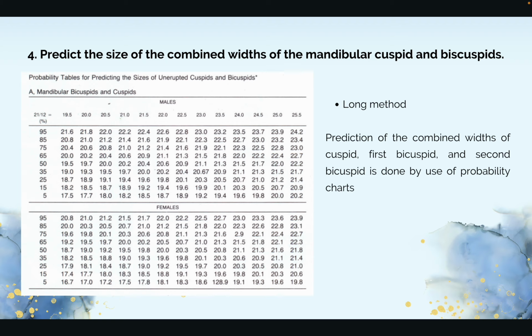The next step is to predict the size of the combined width of the mandibular cuspid and bicuspids. It is divided into two methods. The first one is the long method and the next one is the short method. Here for the long method, experienced clinicians may choose to use the 50% prediction since it is a more precise estimate.